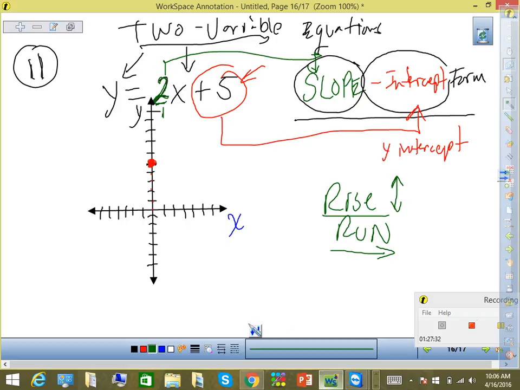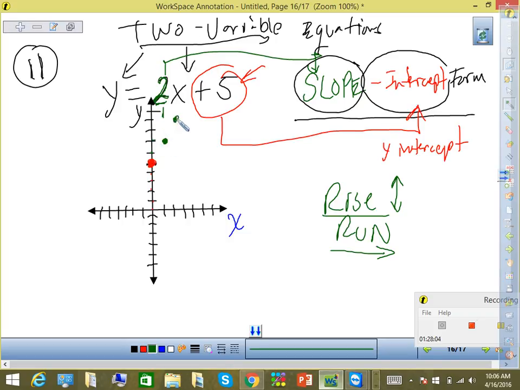Here we go. So, look up, please. Starting at this point, this tells me to go 2 steps up and 1 to the right. So I go 1, 2, 1 to the right. You plot your point. At that point, you're going to use the slope again and do one more point after that. 2 up, 1 to the right.